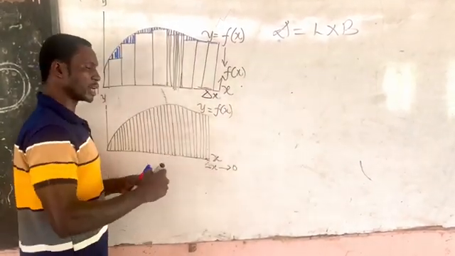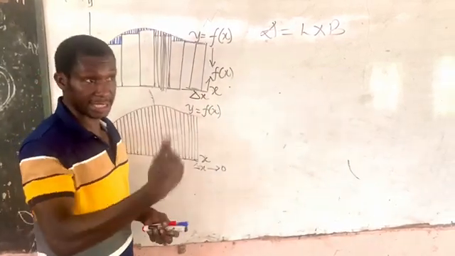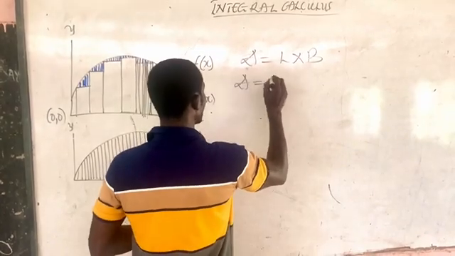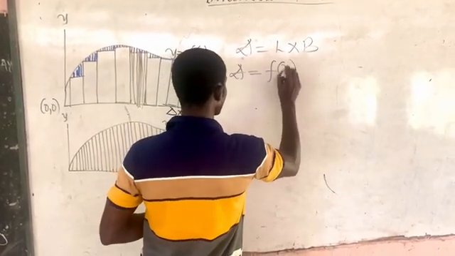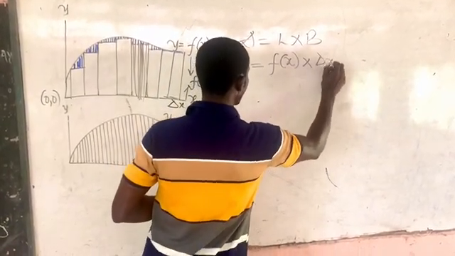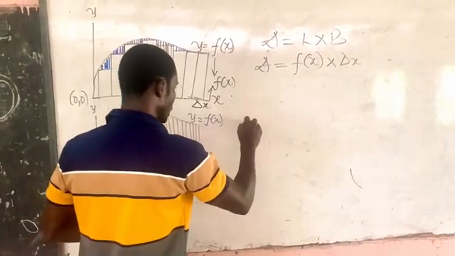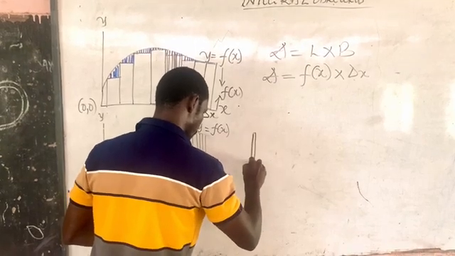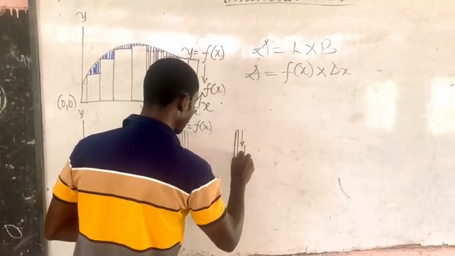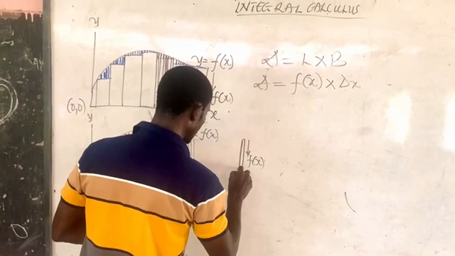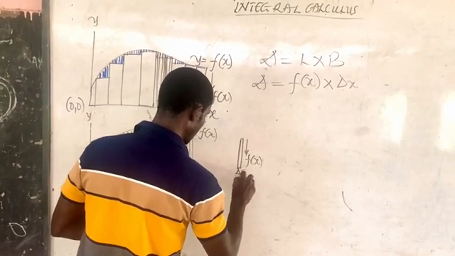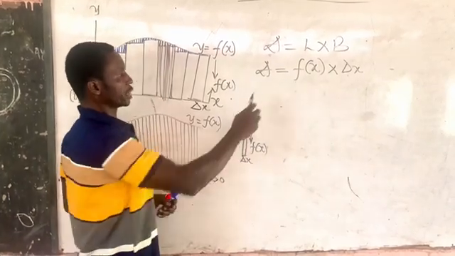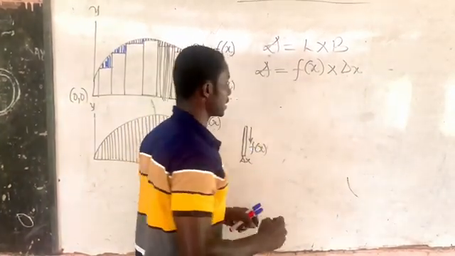Approaching 0 doesn't necessarily mean that it is 0; it is getting to 0. Now, area of a rectangle will be equal to f of x times delta x. Because if you pick one rectangle, the height here is f of x, and the width is delta x. So it's length times breadth, which is area equals f of x times delta x.